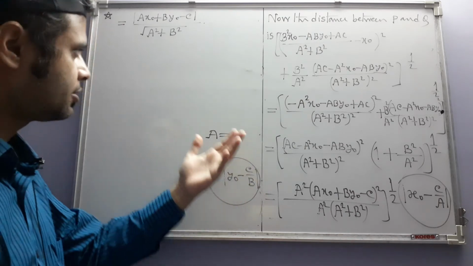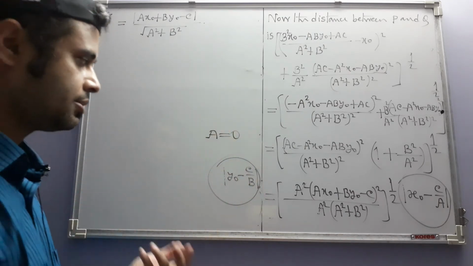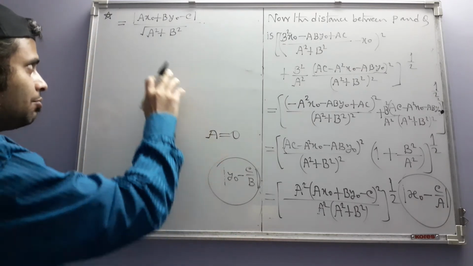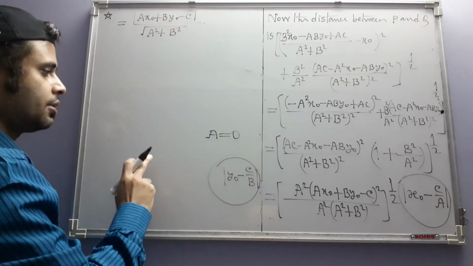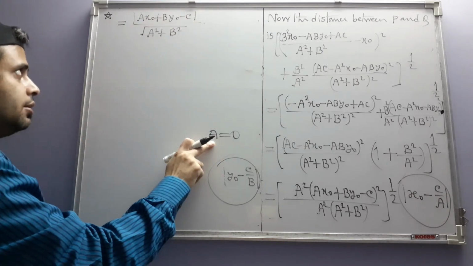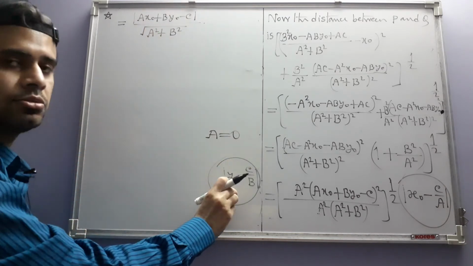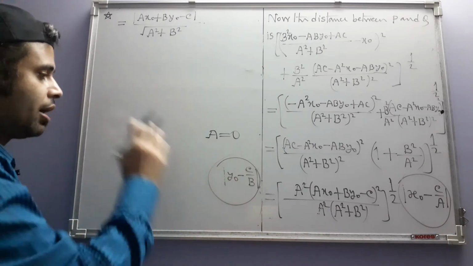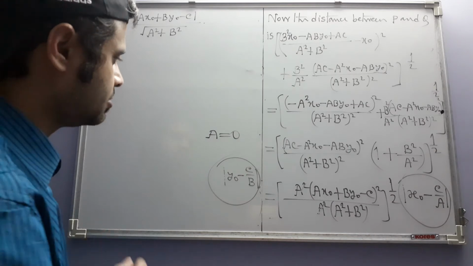So from that point of view we cannot put a equal to 0 here and claim that that is the distance. However, we can just simply put a equal to 0 in this expression, and see whether this formula reduces to this formula. If so, then we can write only one formula for the three cases. It is much nicer.